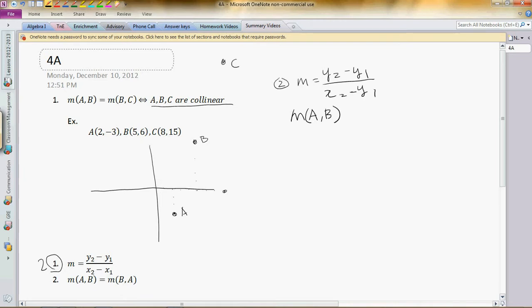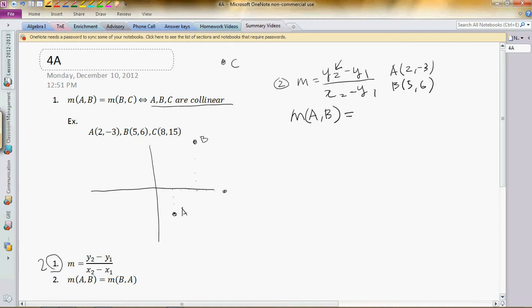So this y sub 2 means the second y, which is the y from point B. In this case, it's 6, because point A is 2 and -3, and point B is 5 and 6.